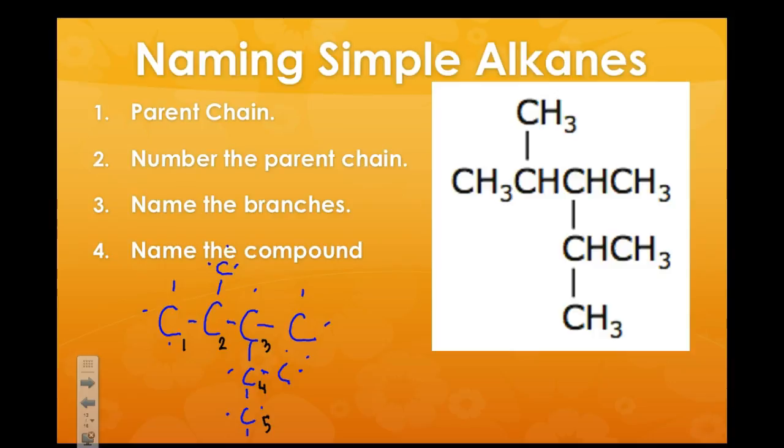Okay, so let's name the parent chain first. The longest possible chain is 5 carbons, all single bonds between carbons. I have a question. If you have it numbered from 1, 2, 3, 4, 5, and I start out with 2, because that's the shortest one, I have to keep going that way from where I started, right?